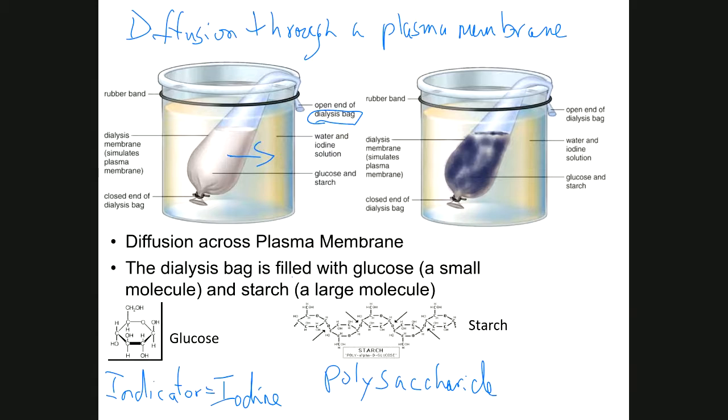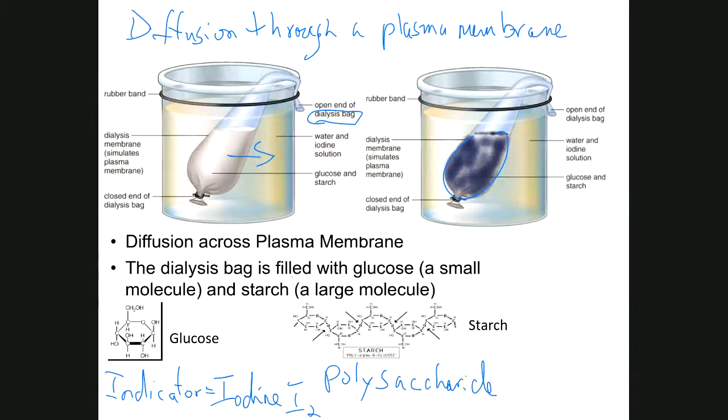But at the end of the experiment, that's not what happened. At the end of the experiment, what we have is a bag that's turned black blue, because the iodine, which happens to be a very small molecule, I2, two little atoms of iodine, which is an element, make one molecule.